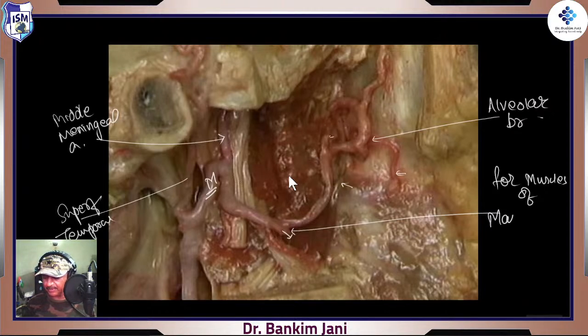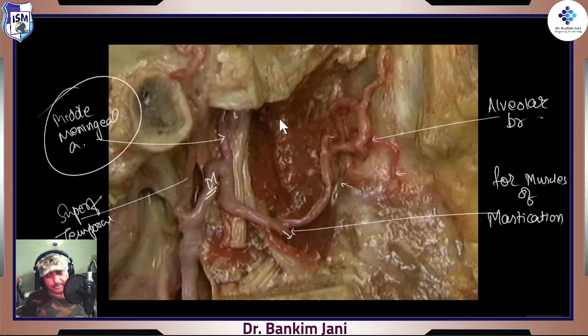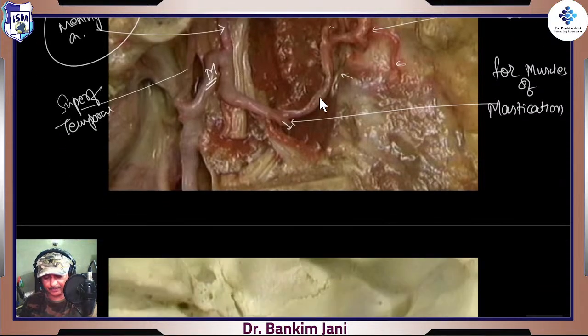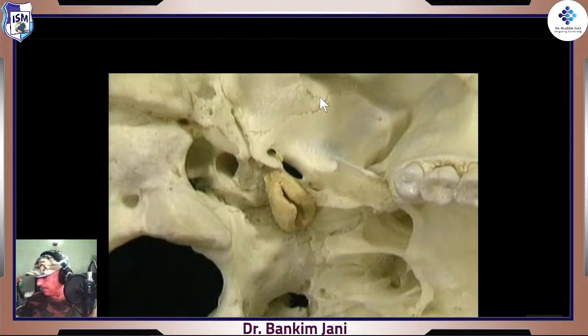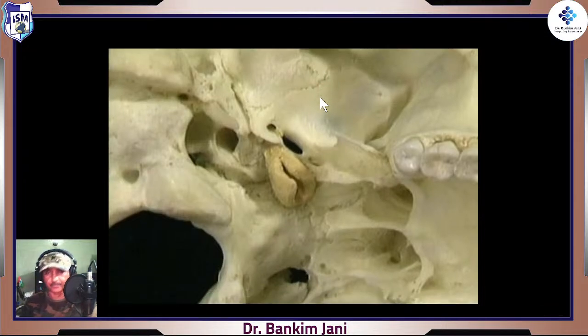So when we say it like this, it completes the whole responsibility of the maxillary artery. But this middle meningeal artery is very interesting, so let's see where it goes. This middle meningeal artery goes up, and here it is.